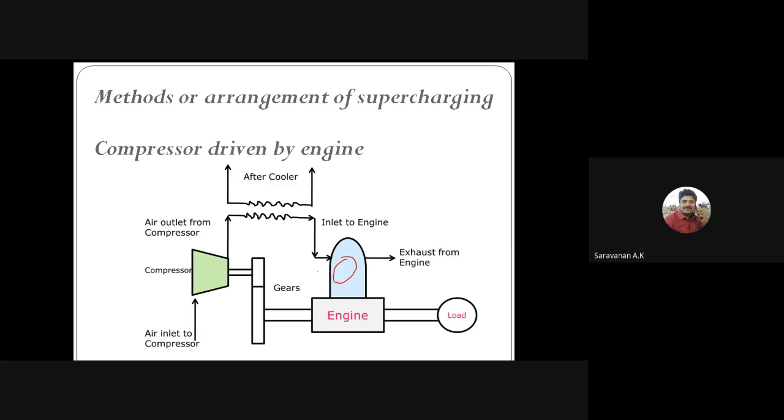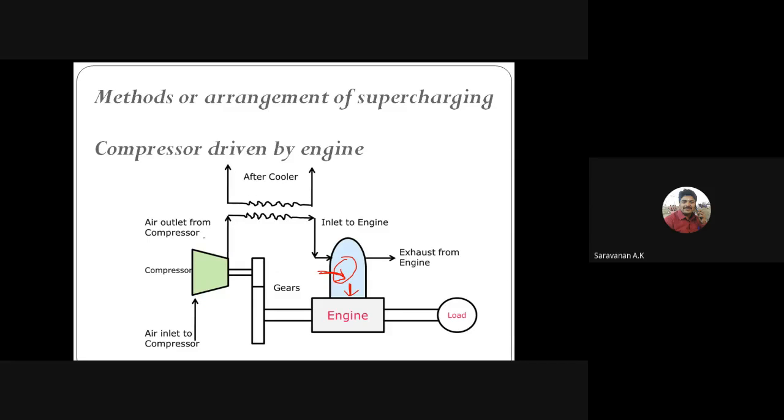So we have to supply the air at somewhat reduced temperature, right? If the engine inlet air temperature increases, it will reduce the efficiency of the engine, right?